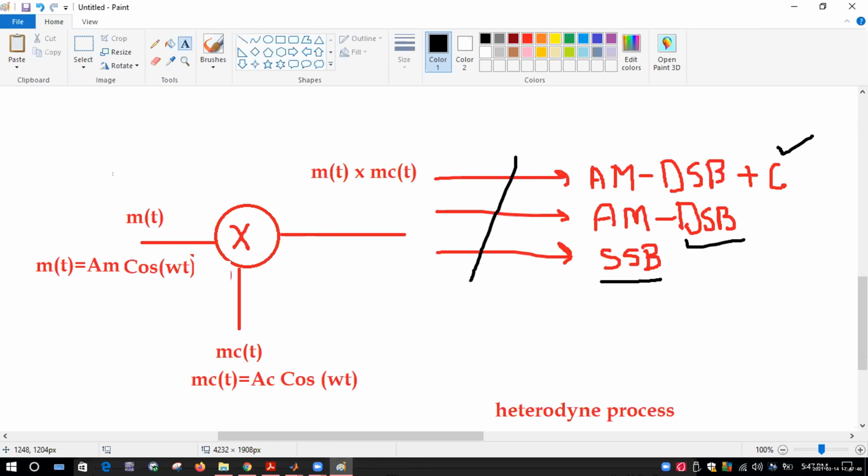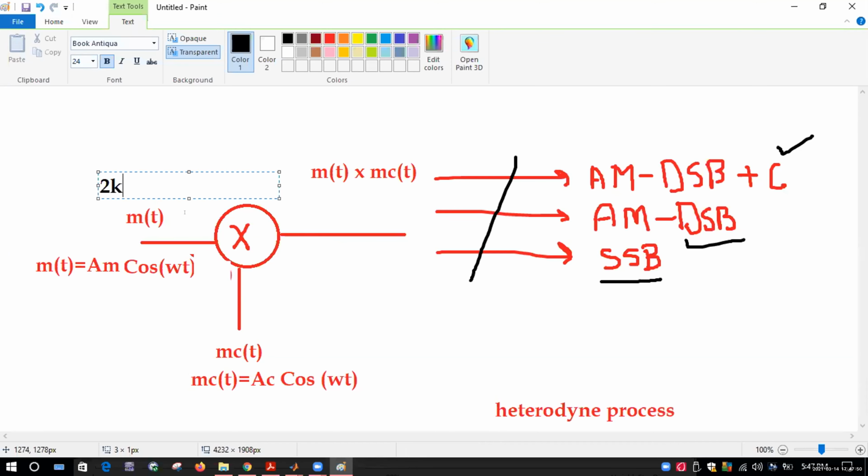Look, this is your 2K, okay? And this is your, let's say, 50 kilohertz carrier signal.